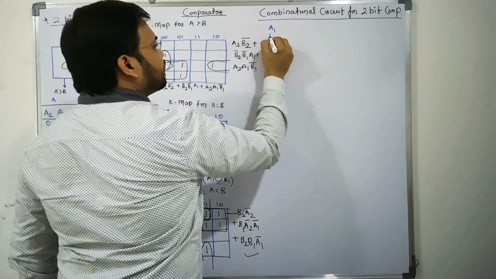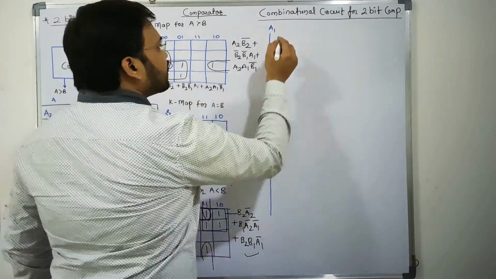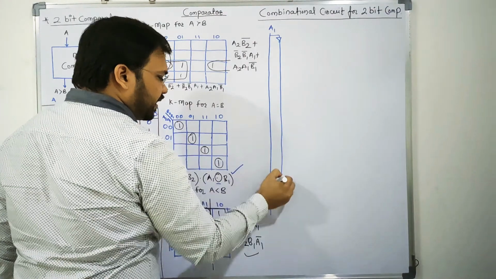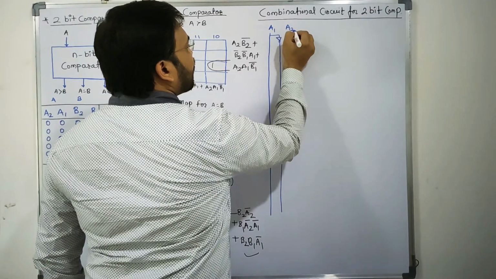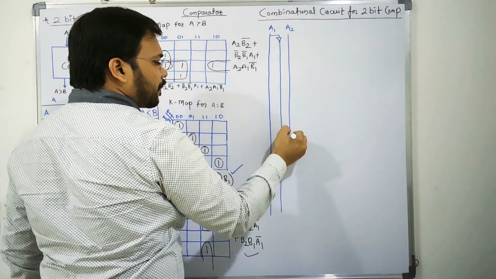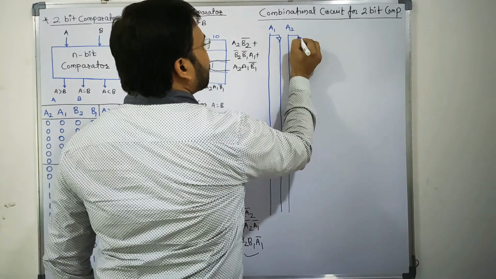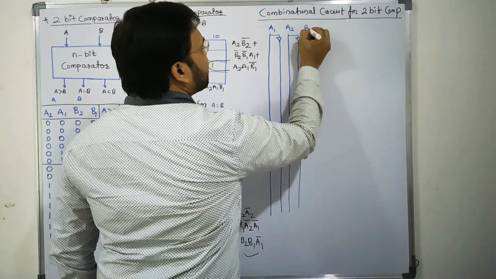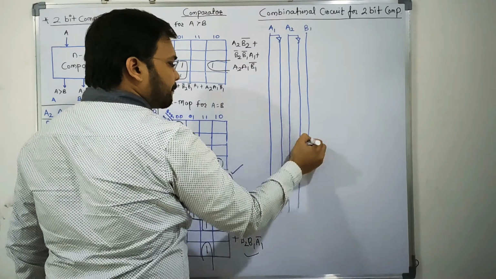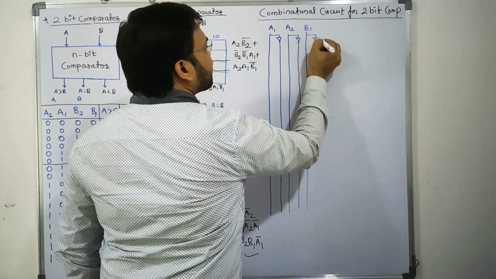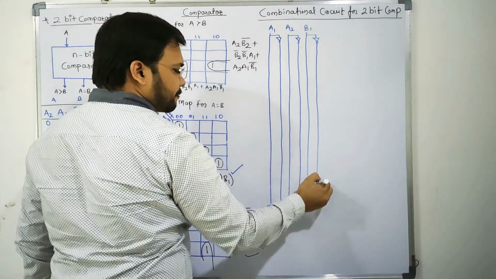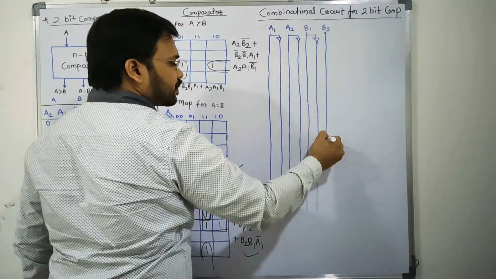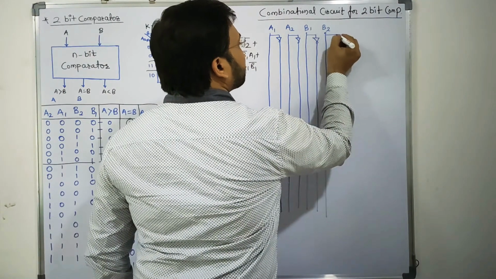A1 input line, next A1 complement, next A2 input line, next A2 complement by using inverter, next B1 complement, and B2 complement.